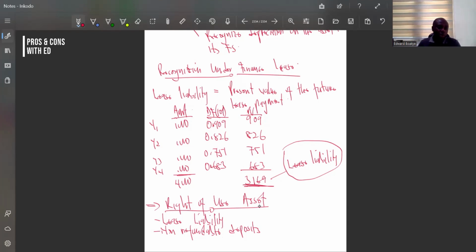You may have some installation amount. You may have some regulatory amounts to pay, some legal fees and those kind of things. Then some taxes and whatever you need to pay in line with the asset you are leasing. Then we say it is also part of the cost of the right of use asset.